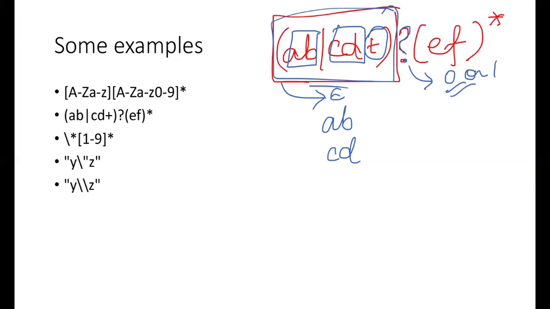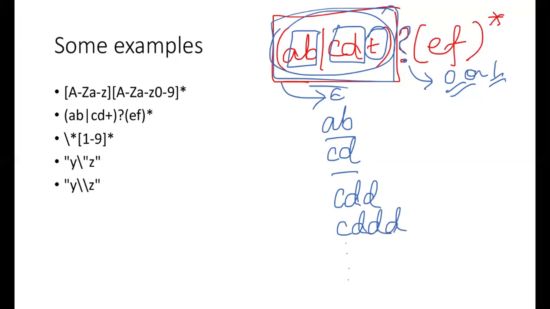If I choose to follow 1, that means this whole thing will be repeated once. So if this is repeated once, then I have either AB or CD. If I have CD, CD is CD plus, so I can have CD, that is 1 or more times, so CDD or CDDD, you can go on.